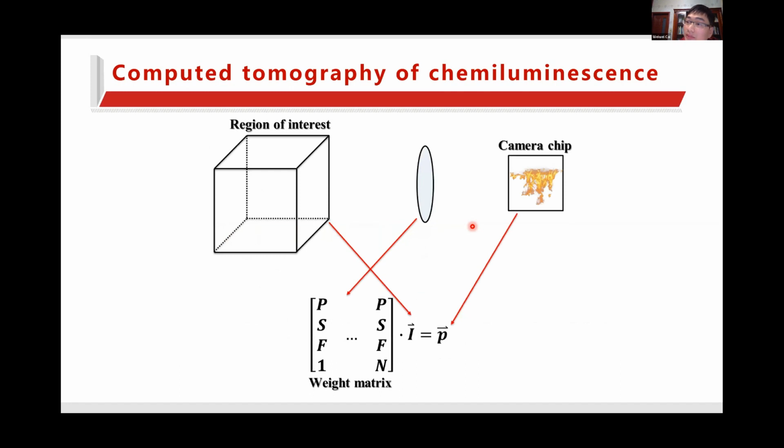We can mathematically summarize this process as the equation here, which is also a linear equation system. So this is also a tomographic problem.